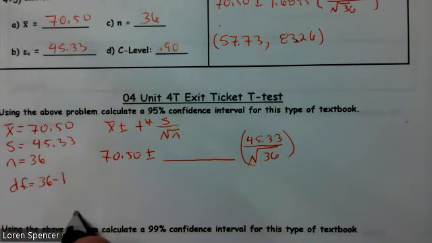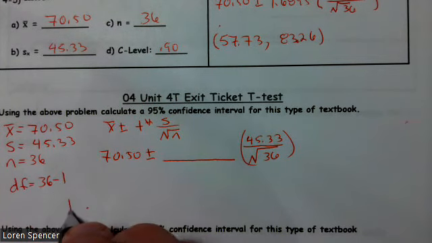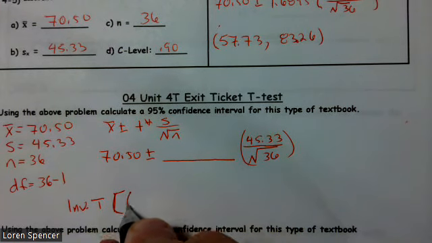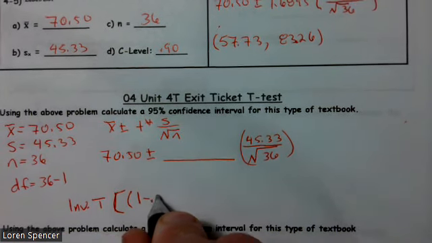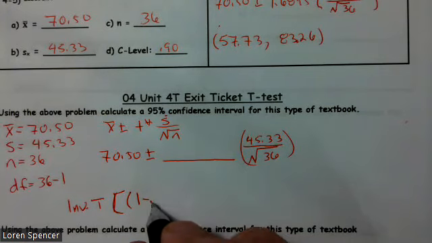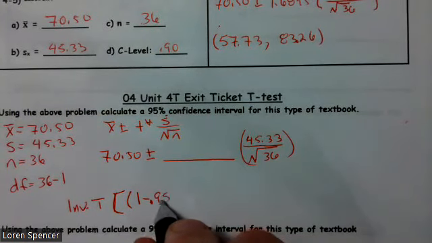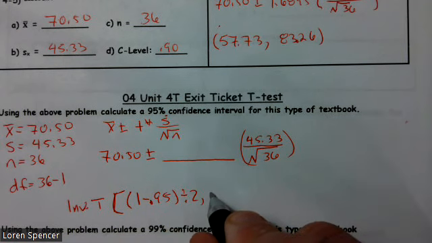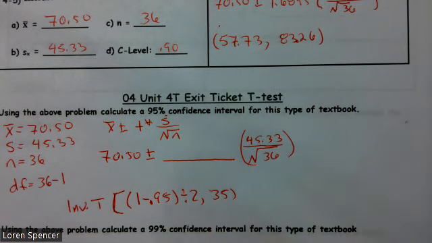Our area is a little more work. In parentheses, 1 minus 0.95, close parenthesis, divided by 2, and the degrees of freedom is 36 minus 1, or just 35. You can do either, and we'll close those brackets.